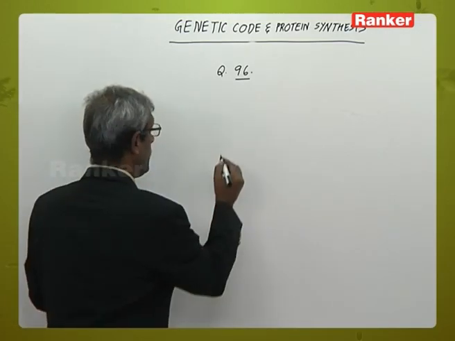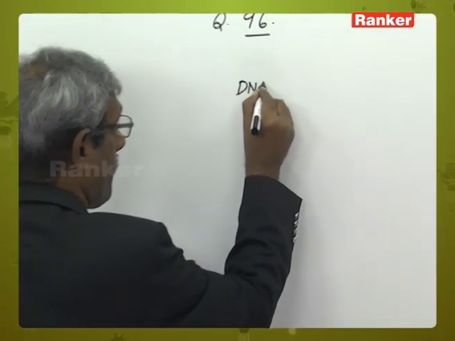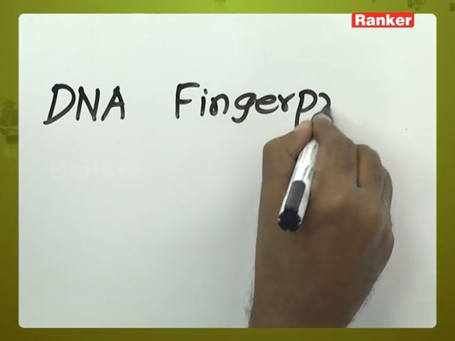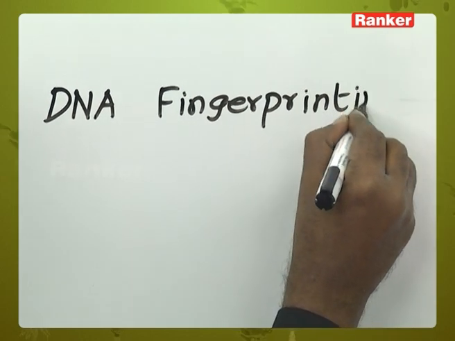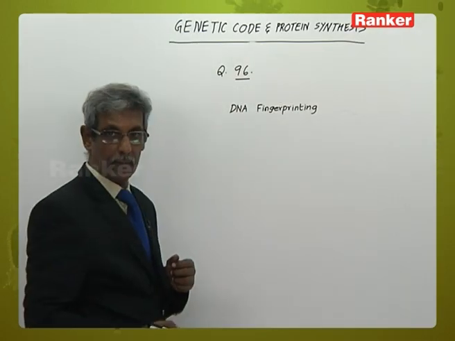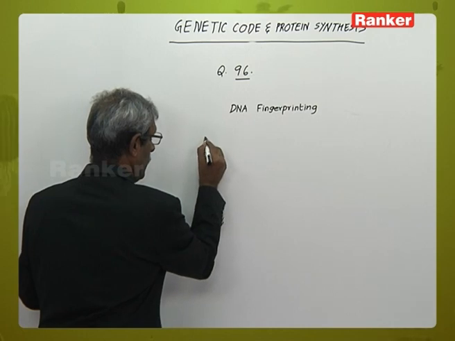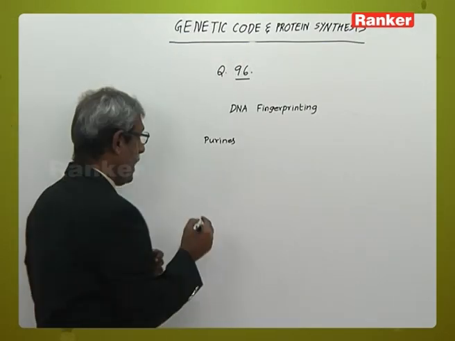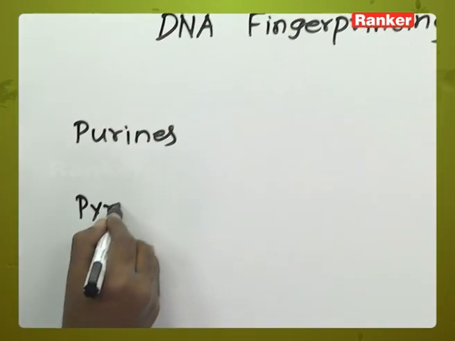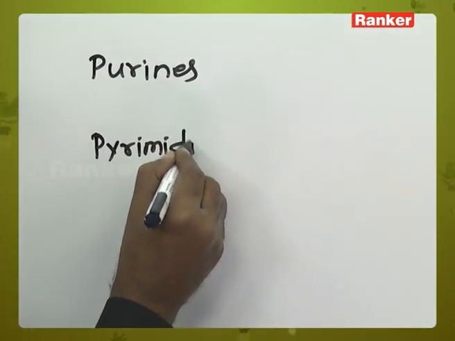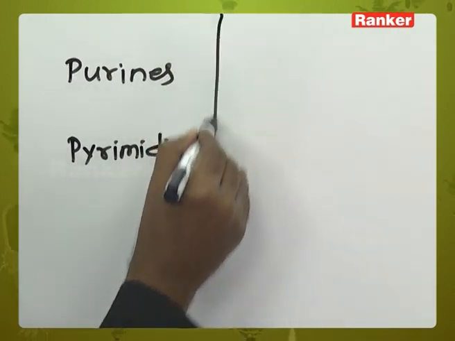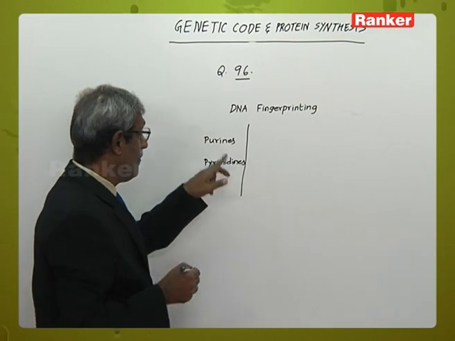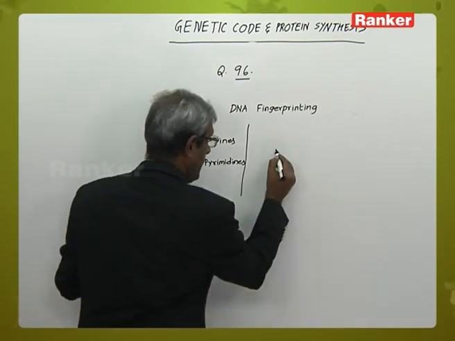When we take DNA fingerprinting, if you take the purines as well as the pyrimidines, they are only taken as standards for study. Whereas in the DNA we have satellite DNA.